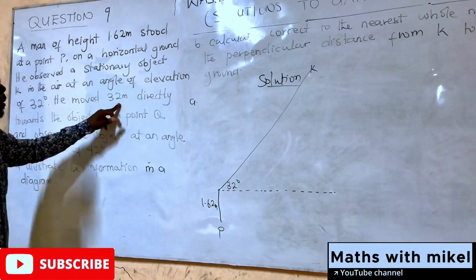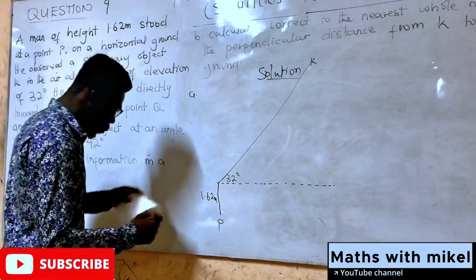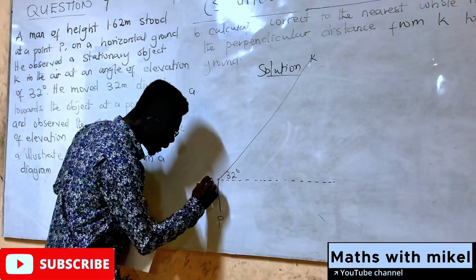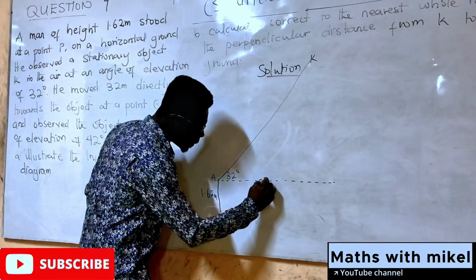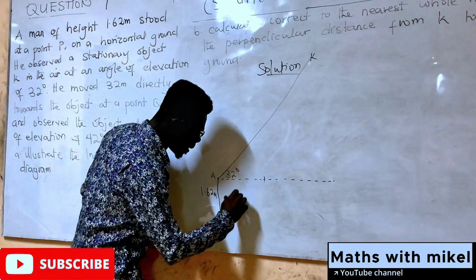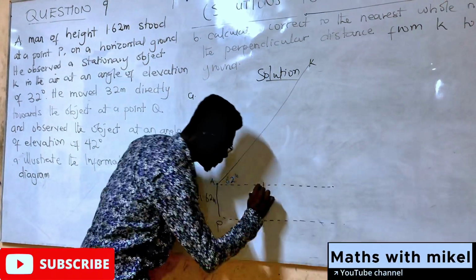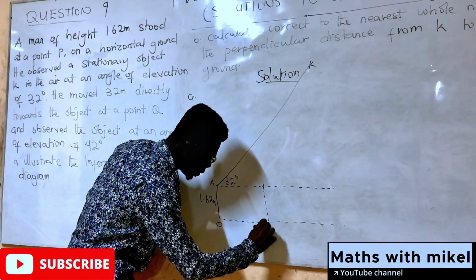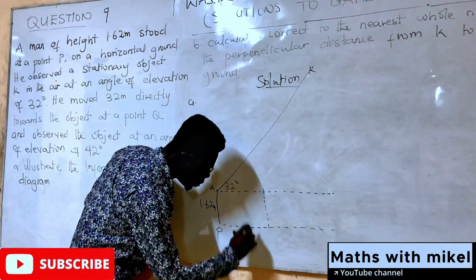He moved 32 meters directly towards the object. So if the man stands at, let's say, point A, he moved 32 meters. So let's say 32 meters is here. So from P to this side is 32 meters.